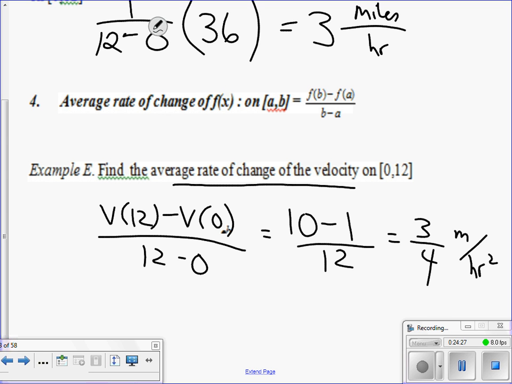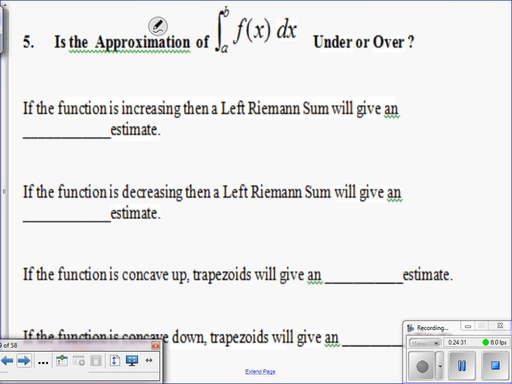All right, one more thing they can ask you to do. I promise. They can ask you if you got an approximation for the definite integral. They would have to give you some kind of information, like they have to tell you that the first derivative was positive, so you would know it was increasing or decreasing, or concave up or down.